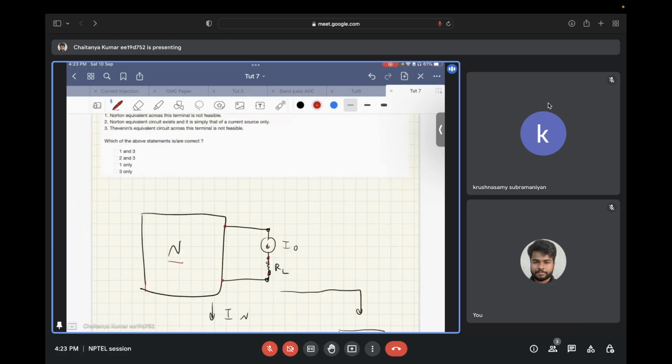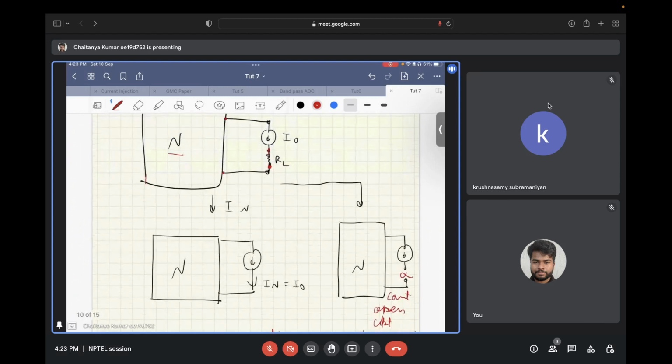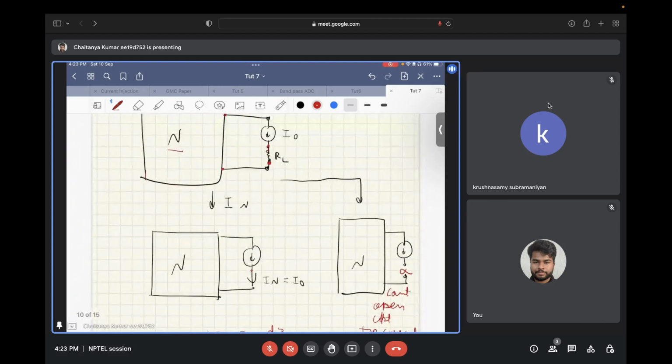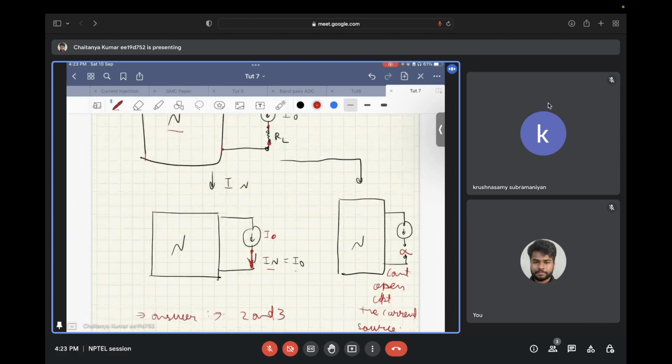What you need to do is find the Norton or Thevenin equivalent across the terminals of RL. For Norton equivalent, you will short circuit this branch, and since there is some current source I naught flowing through this branch, the same current will flow through the terminals of this resistor. So IN will be equal to I naught.